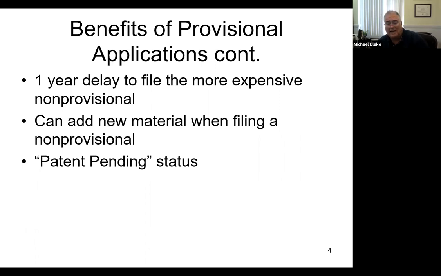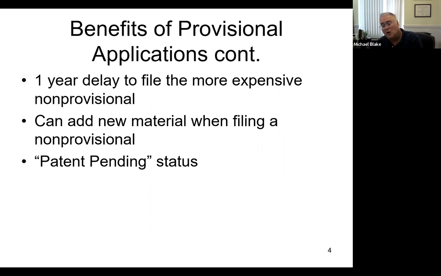Your provisional filing date wouldn't cover you unless your provisional application covered that improvement. But let's say you filed your provisional application on September 1st, 2022, and then 6 months later you improve that invention because you're tinkering around with it, and then on September 1st, 2023, you file your non-provisional, which includes the improvement.